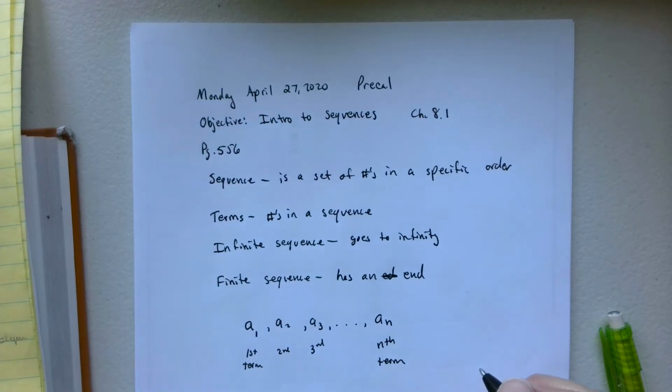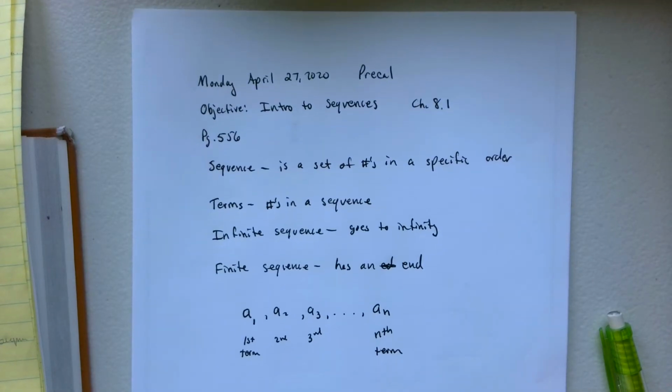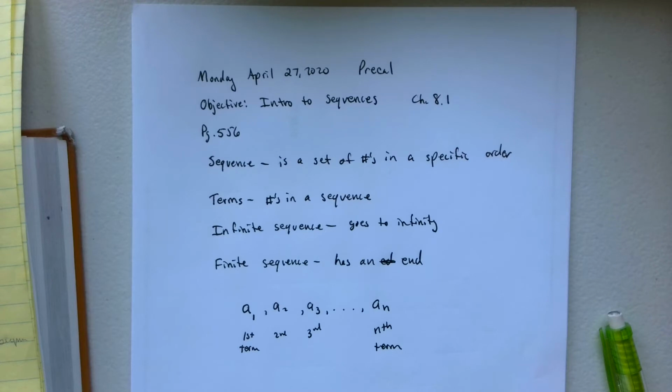On a lot of ACT tests, they'll say, what is the nth term of the sequence, or what is the 27th term? And they want you to figure out what was the 27th number in this particular sequence.